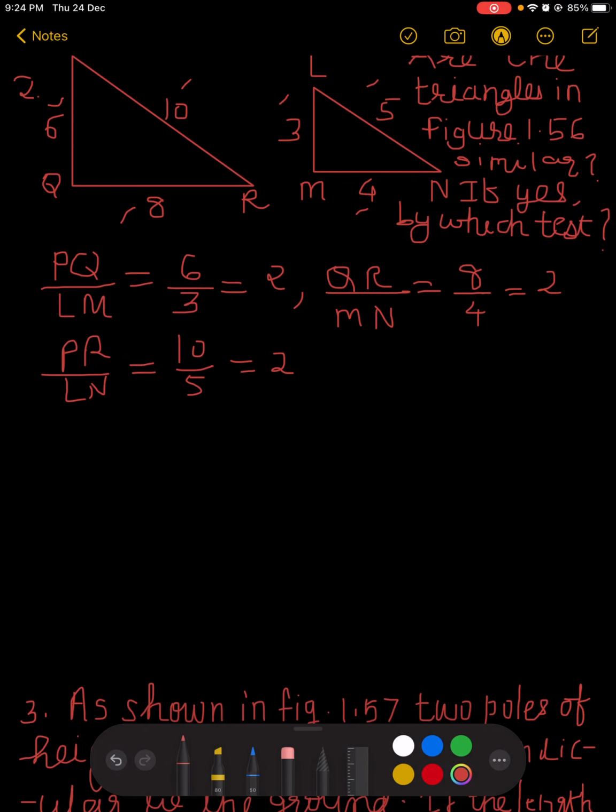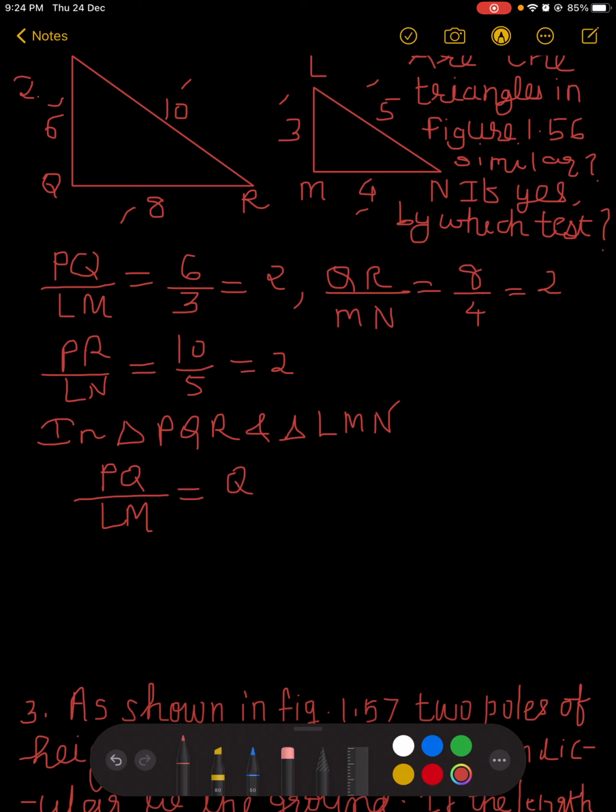So I can write the two triangles, triangle PQR and the second triangle LMN. In these two triangles, there are three corresponding ratios which are equal. Number one, PQ upon LM, the first ratio of corresponding sides. The second ratio QR and MN, and the third ratio PR and LN.